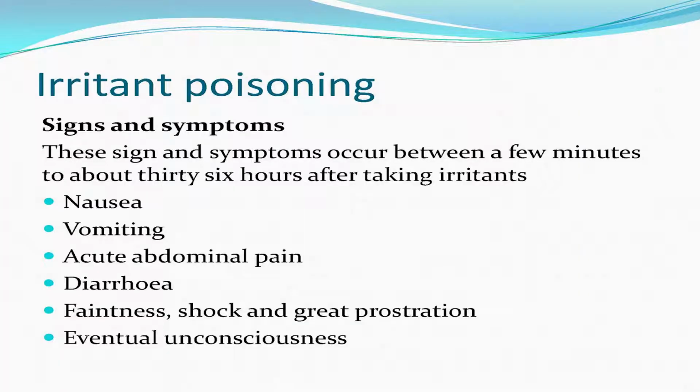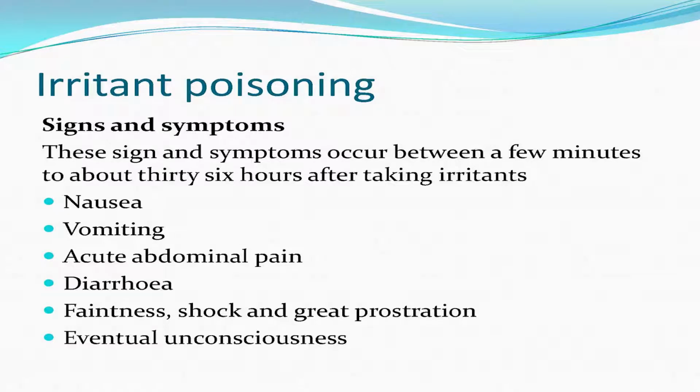Irritant poisoning. Signs and symptoms of irritant poisoning. How would you know that the poison this person was given was an irritant one, or a narcotic one, or a corrosive one? First is nausea.